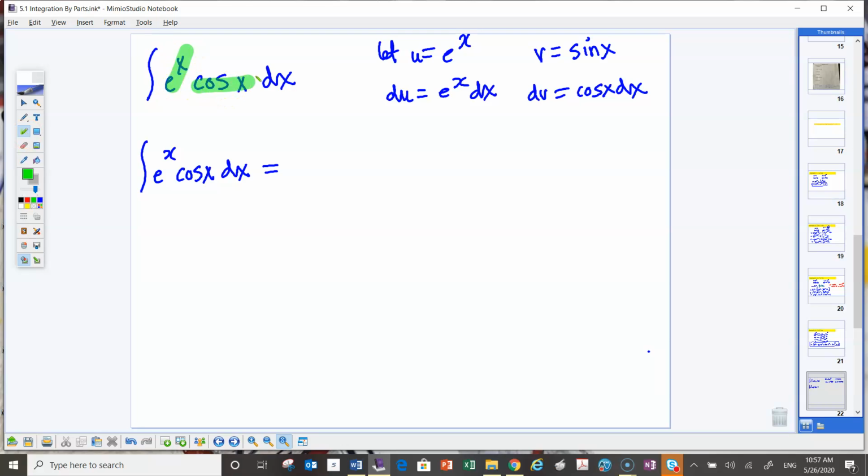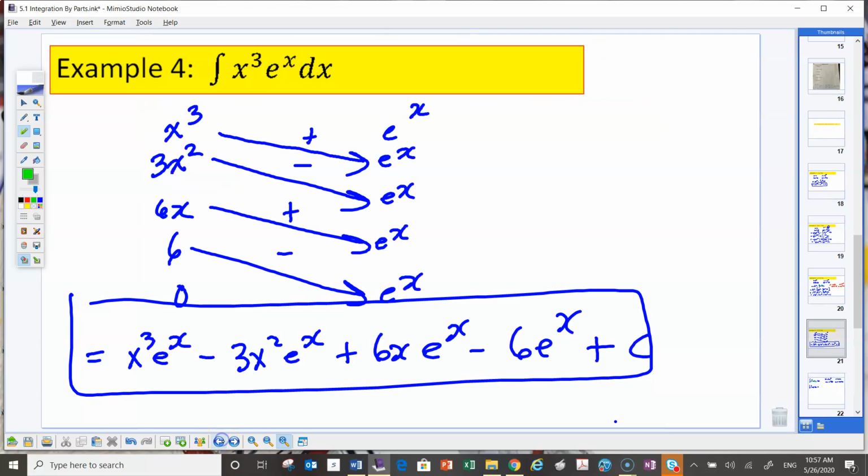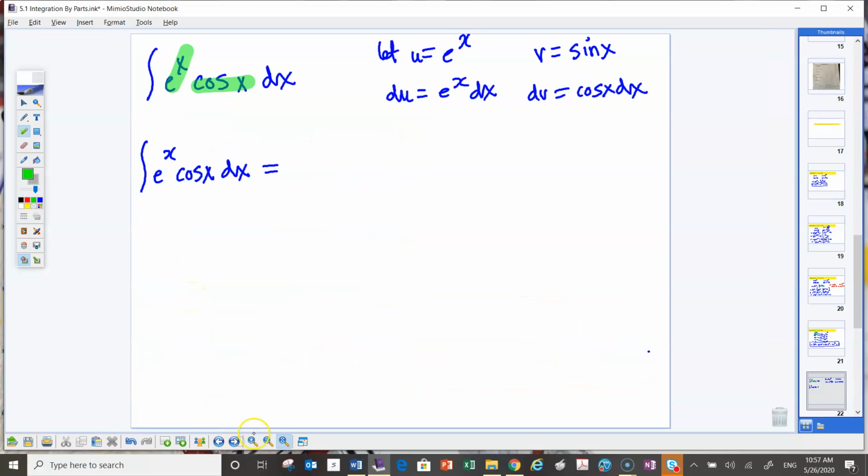If I tried the table method, the derivative of e to the x would just keep being e to the x, and the derivative of cos x is negative sine, and then negative cos, and neither of these would work their way back down to 0, like in the previous example where x cubed got down to 0 by taking the derivative continually. So the table method would not work in this case.